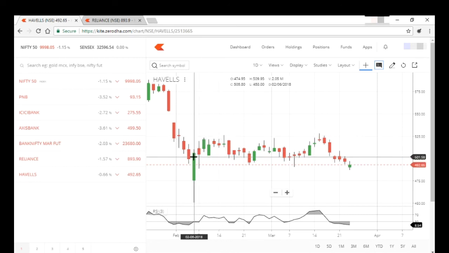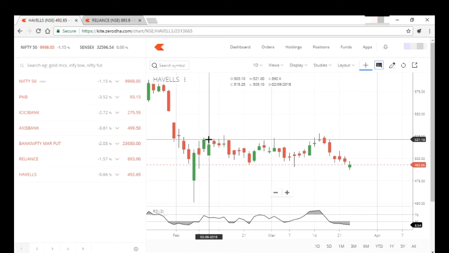If you had entered in BTST right here at 504.92, in the next 2 to 3 days you would have been in profit. 506 to 521, it's a nice profit. The futures lot size is around 800 or 1000 for Havells, so it would have been a profit of 20,000.